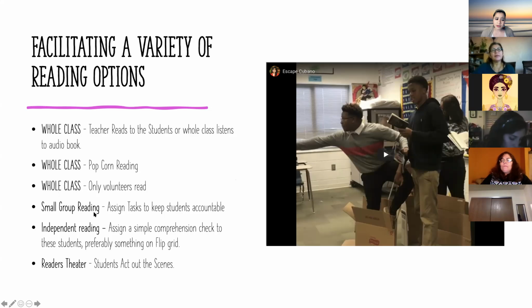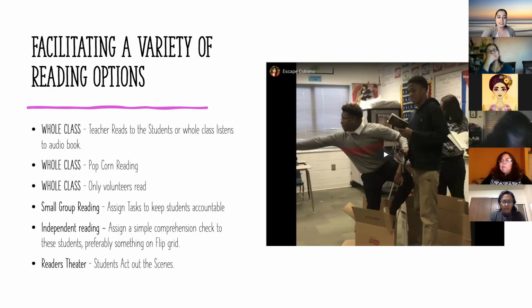You can do small group reading and assign tasks to keep your students accountable. If you do small group reading face to face in the classroom, or even if you put them in breakout rooms, or whatever you call them on Google Meet or Teams, you can say, you are going to be the person in charge of looking up vocabulary words that people may have a question about.